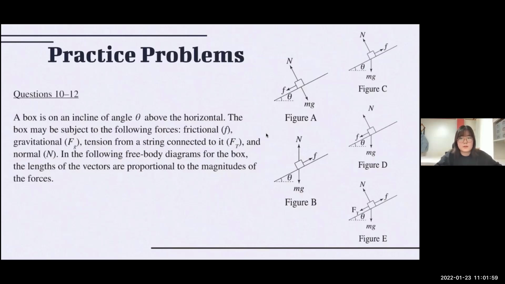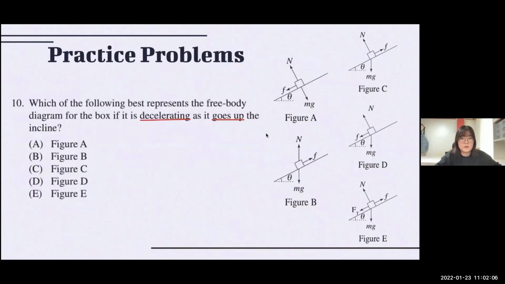In the following 3 diagrams for the box, the lengths of the vectors are proportional to the magnitude of the forces. Following that description, question 10 says, which of the following best represents the free body diagram for the box if it is decelerating as it goes up the incline?